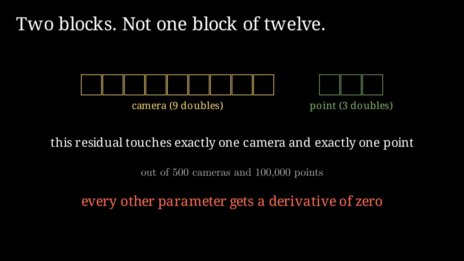This residual touches exactly 1 camera and exactly 1 point out of maybe 500 cameras and 100,000 points. Every other parameter in the problem gets a derivative of 0. Hold on to that. It's the reason the Jacobian of a real reconstruction is almost entirely zeros.